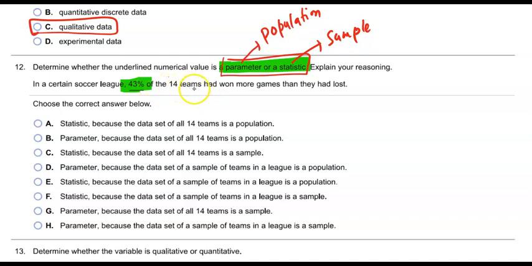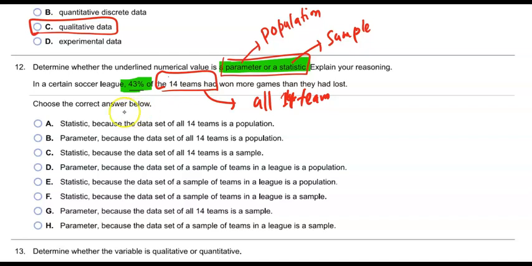Notice that the 14 teams here is a population, because it doesn't tell you out of how many, or that it was a survey of 14 teams. So it must be all 14 teams, and this question is going to be a population.